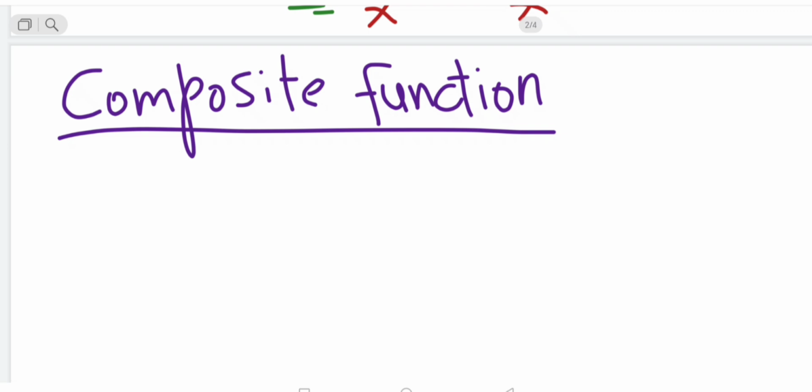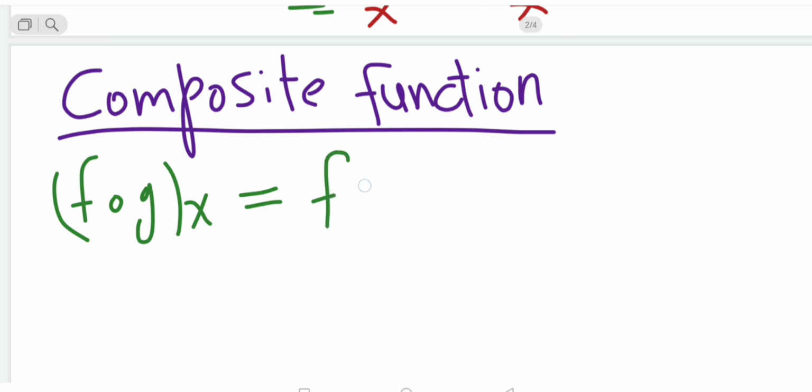The output of one function becomes the input of the other. For example, f o g. Now it is not a dot, it is o, it means f of g of x, meaning g of x will be the input of f. Okay, we will try to solve some examples, you will understand clearly.